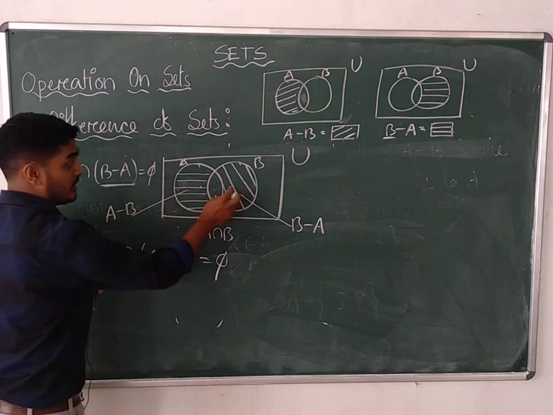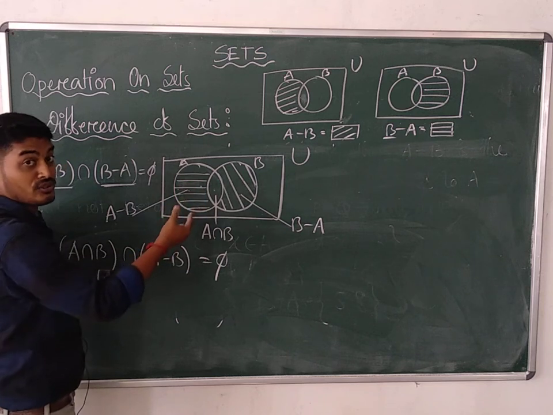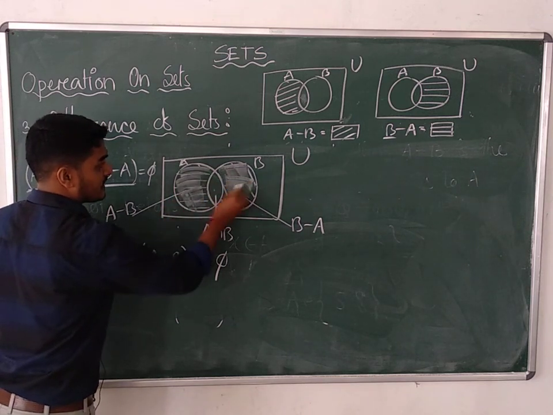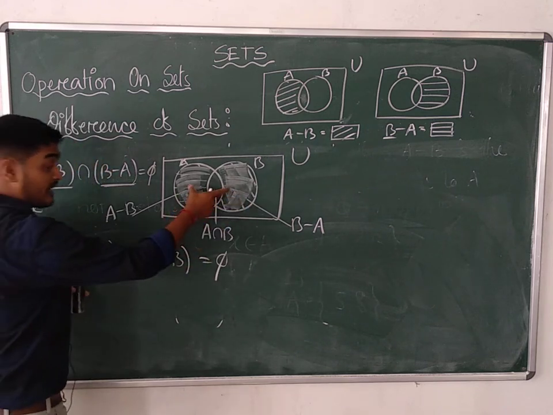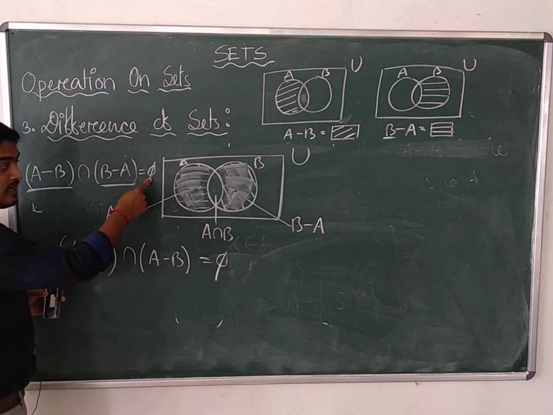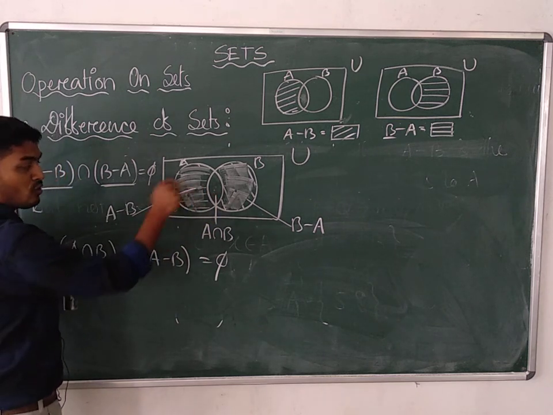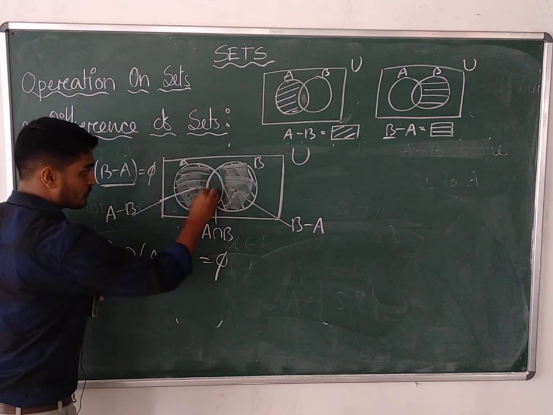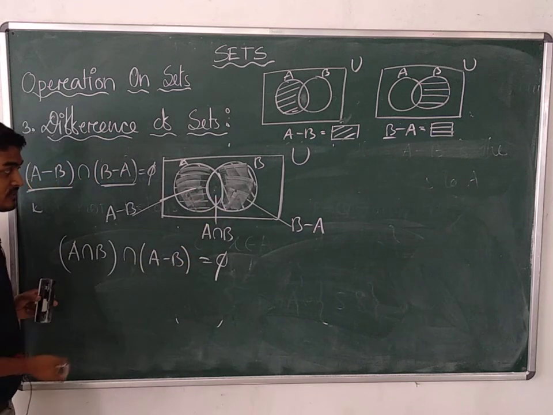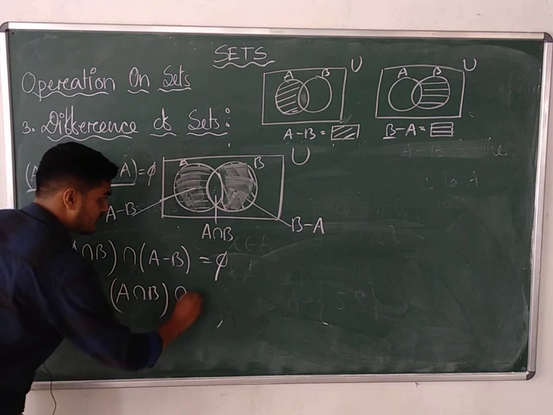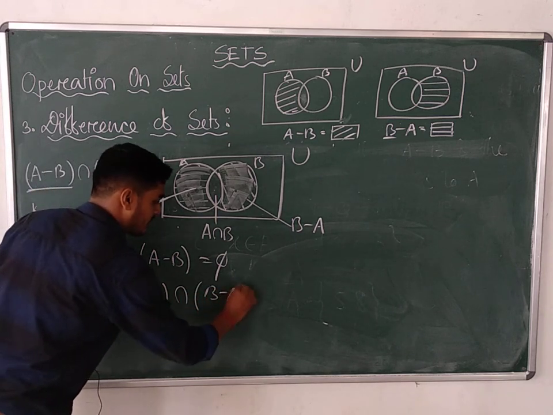These are two sets. What is the intersection of these two sets? Is there any common portion? No, they do not have any common portion. Therefore, what will be the intersection of these two sets? Empty set. Similarly, the intersection portion and A minus B have no common portion, I am talking about this portion. So that's why their intersection is equal to the empty set. Similarly, A intersection B intersection B minus A is equal to the empty set.